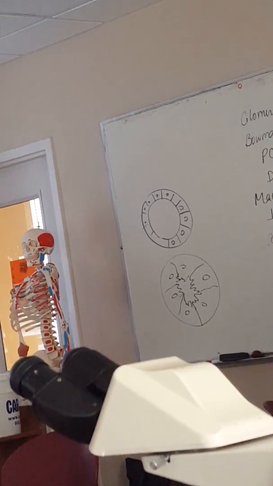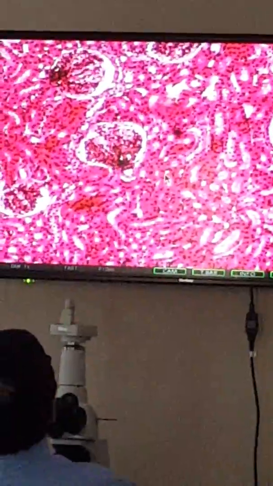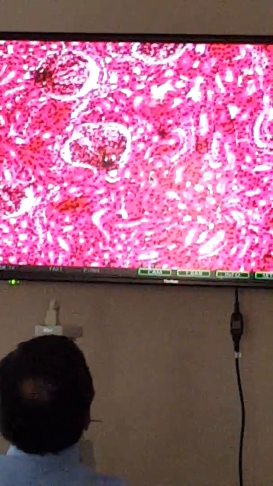Again, the PCT usually stains a little bit darker. It depends on the stain. But here, this DCT has a nice large lumen. And because this is the part of the DCT that's abutting the afferent arteriole, you also see the macula densa here, which is nice.